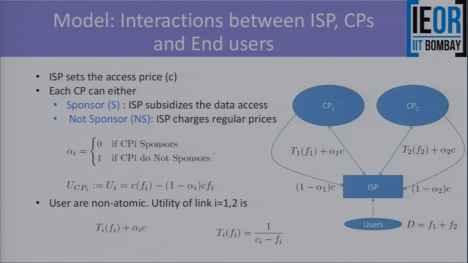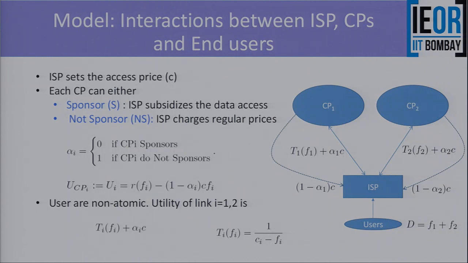To understand this, we consider a simple model where there is an ISP which connects the user at one end with the content providers on the other end. Here the ISP is like a top player which is going to set the prices, and the content providers are the ones who are going to decide the sponsorship and non-sponsorship decisions. The sponsorship decision is where they say whether they are going to subsidize your access price.